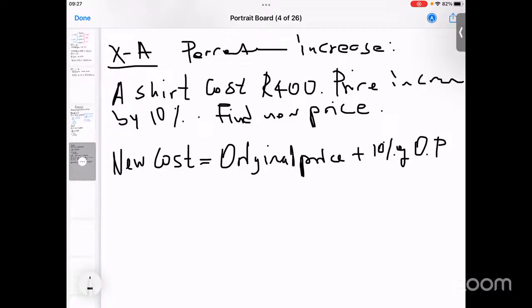I hope it makes sense, Honorable. So which means it's going to cost 400 plus that 10% increase of that original price.